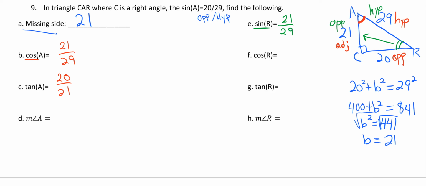Next one, cosine of R. Cosine's adjacent over hypotenuse. So 20 is our adjacent side, 29 is our hypotenuse. So we're going to do 20 over 29. And then finally, tangent. Tangent is opposite over adjacent. So that's just going to be 21 over 20.